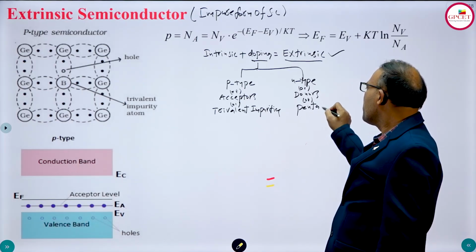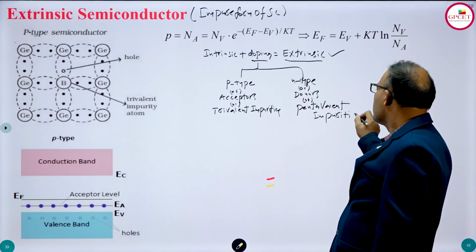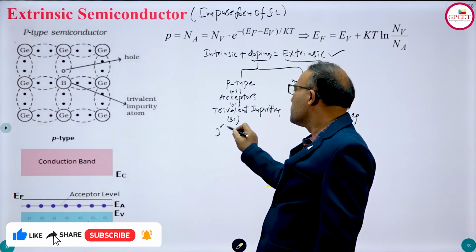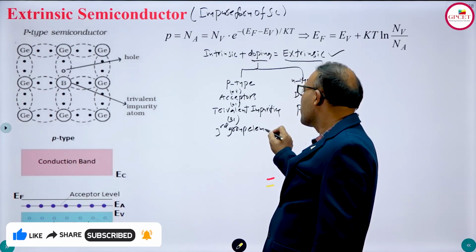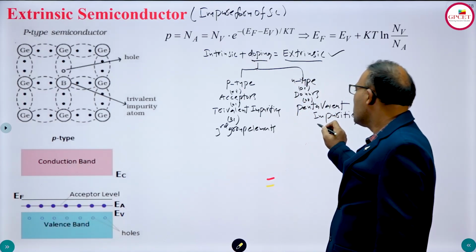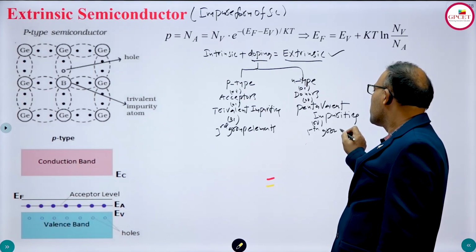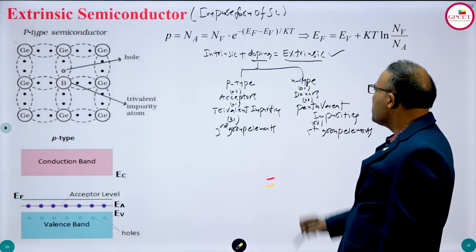P-type are also called third group elements, and n-type are also called fifth group elements. So these are the various types of dopants.